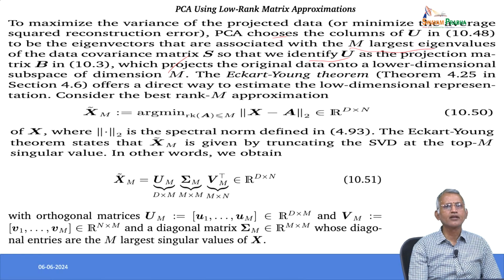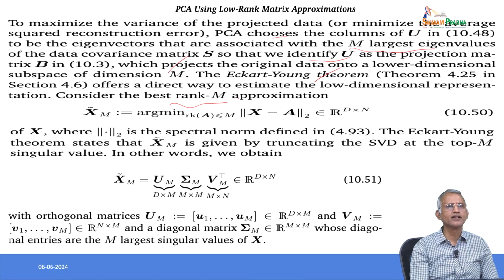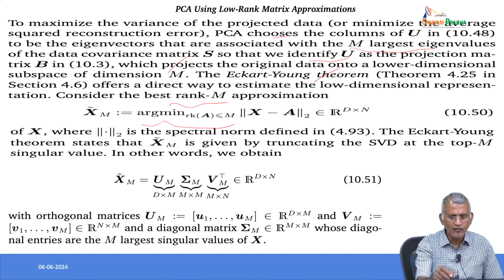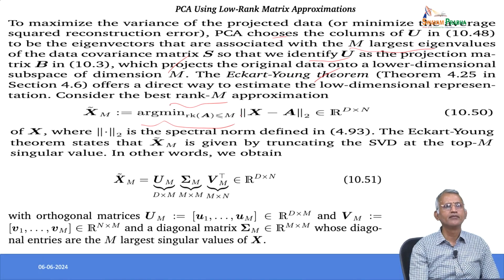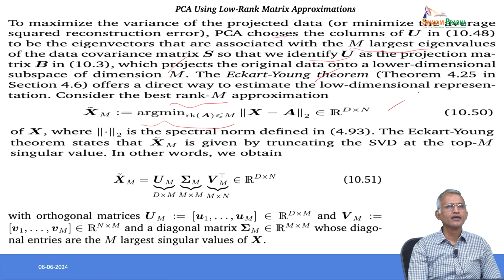The Eckart-Young theorem offers a direct way to estimate the low dimensional representation, and the best rank M approximation is X_m equal to argmin over rank A less than or equal to M of the norm of X minus A, where A belongs to R power d cross n and the norm is the spectral norm, already defined, so refer to it.